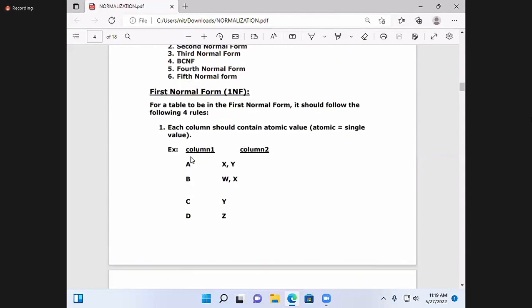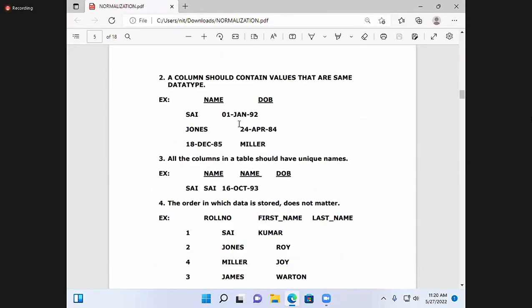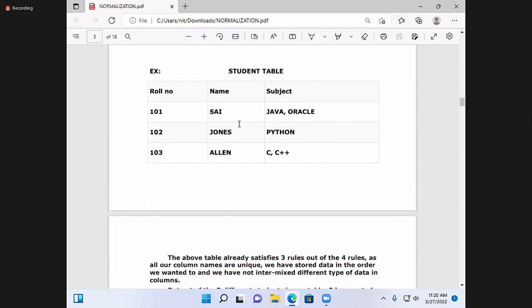It means that whenever you design a table, at the time of designing, these things will be remembered. Based on these rules, if you design or create your table, then that table is called a normalized table. If any one of them is broken, then it is called not a normalized table. These are the four rules we discussed in the last class.